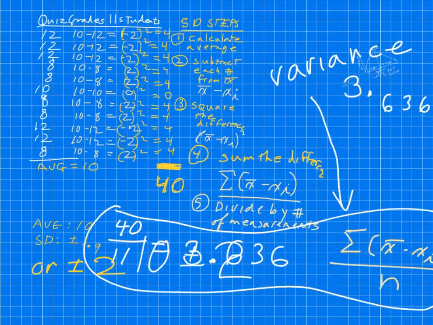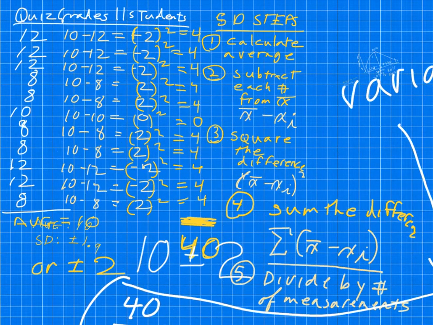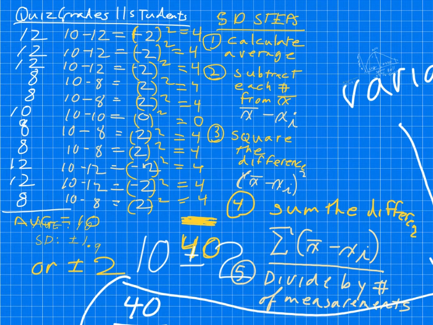Why did we go through all the trouble when we calculated the standard deviation of squaring our differences from the average, and then at the end taking the square root? Here's why we did this. If we looked at our initial differences from the average, some of those differences are positive and some are negative.